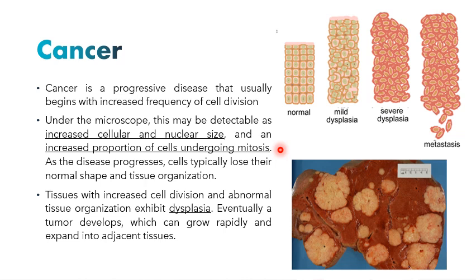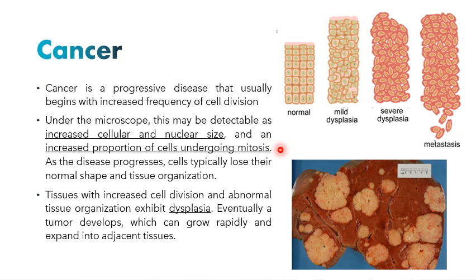So typically they will lose their normal shape and tissue organization. So it will have what's called dysplasia, where the tissues will be increasing their cell division and they will be abnormal in organization.